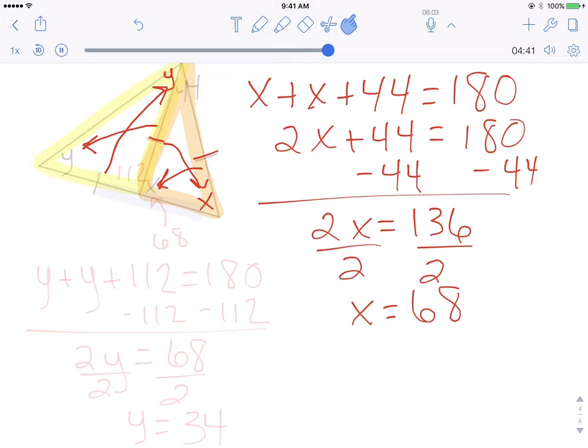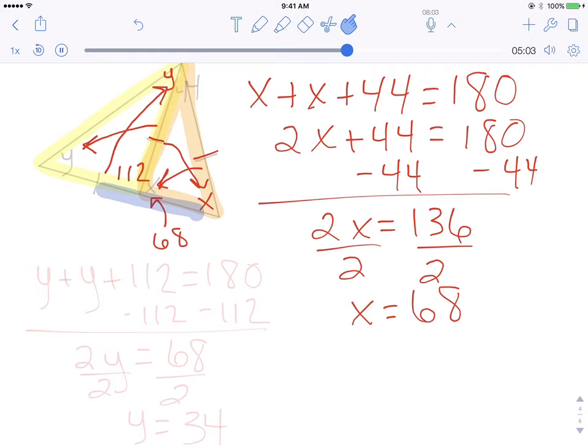So now that we know that the value of this angle is 68, we know that this line here that I'm highlighting is a straight angle. Therefore, that must add up to 180 degrees. So the measurement of this angle over here must be 112.